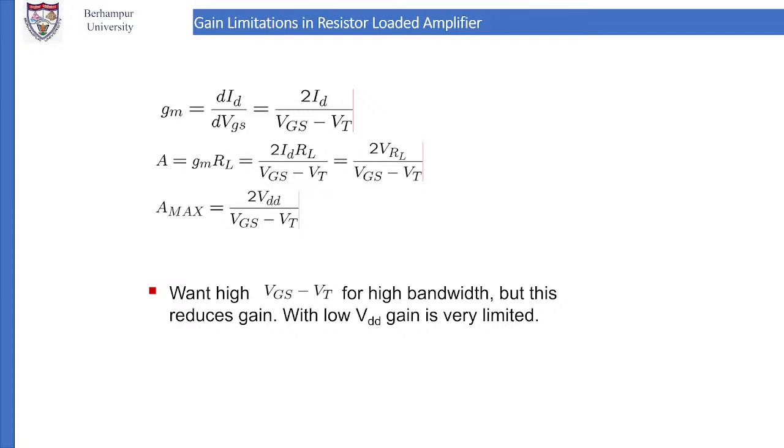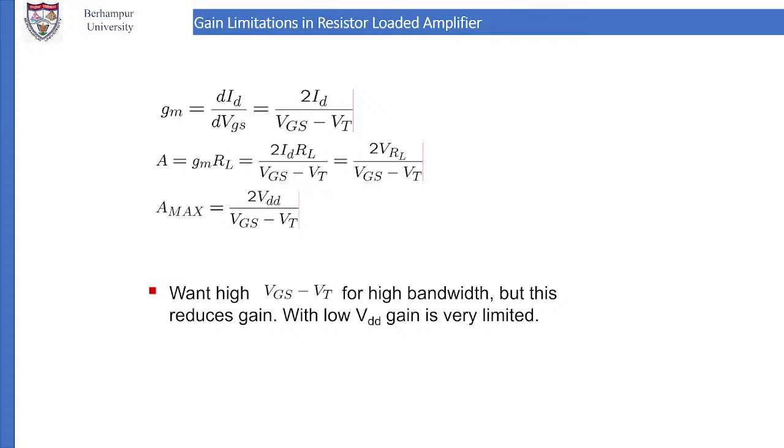VGS minus VT. Now, in all these three expressions, the denominator VGS minus VT actually indicates in terms of bandwidth that the higher the VGS minus VT, the higher is the bandwidth.